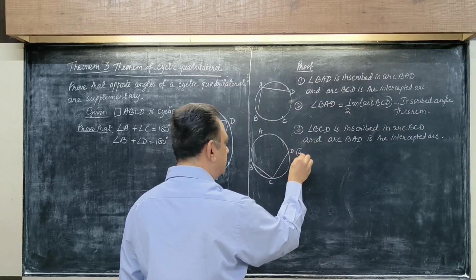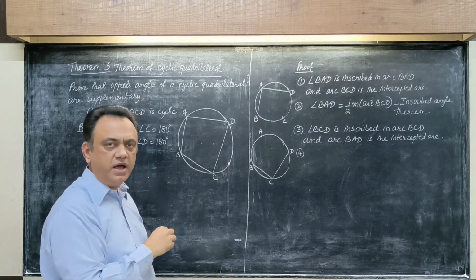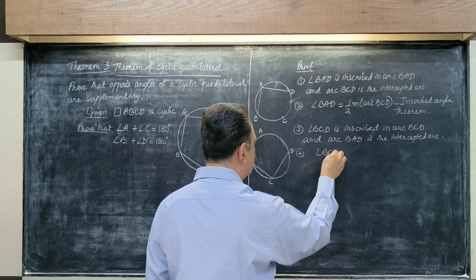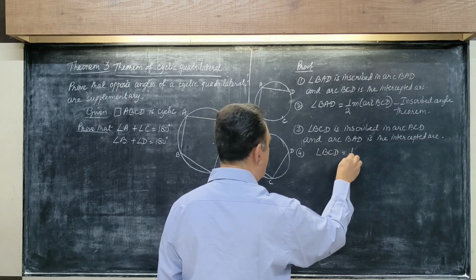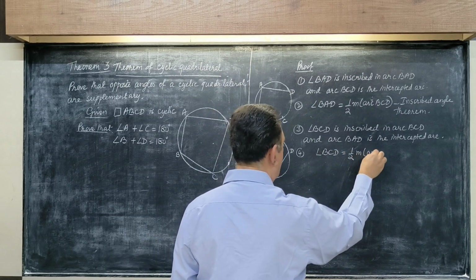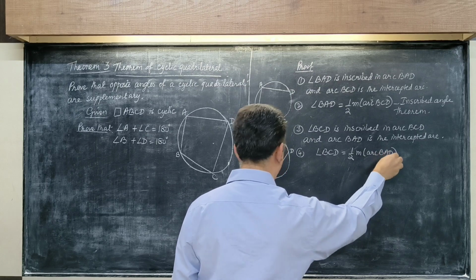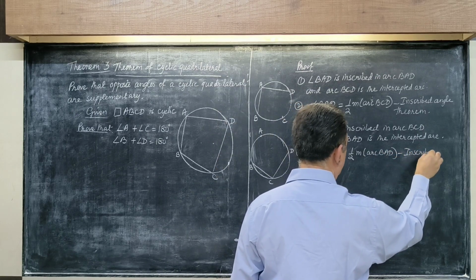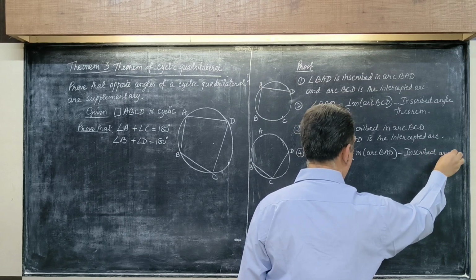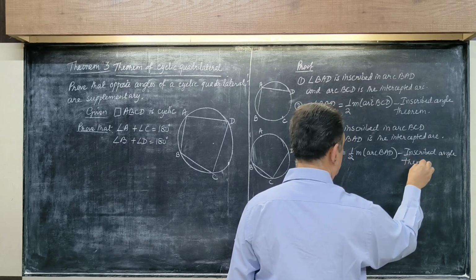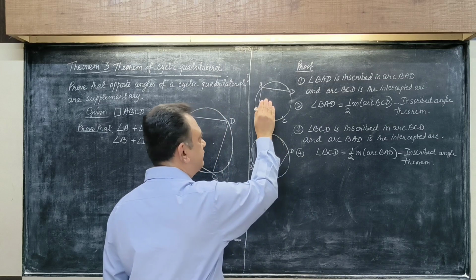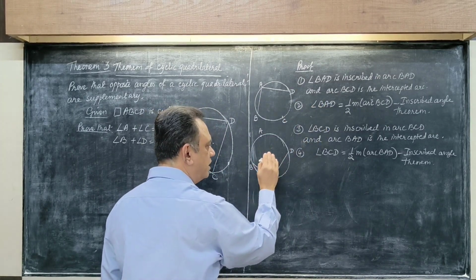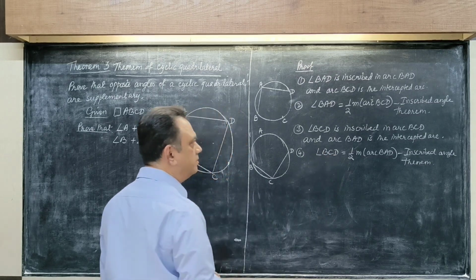So fourth, here we will use again the inscribed angle theorem. Angle BCD is half of measure arc BAD. That is by the inscribed angle theorem.